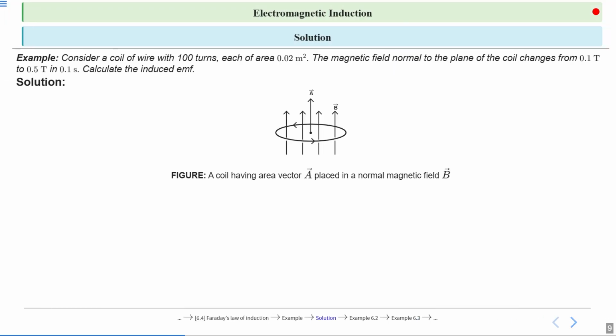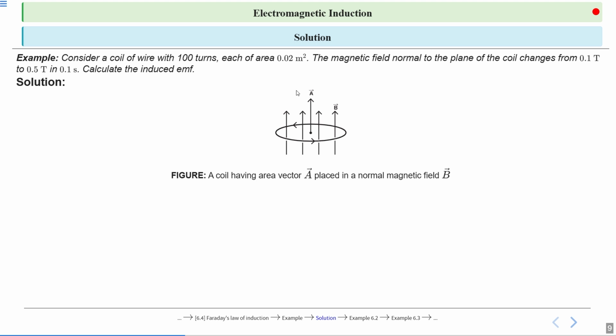Let's see. So this is a diagrammatic representation of what is given. There is a circular wire. There is a coil having 100 turns. You can see in the diagram there is only one turn. We cannot draw 100 turns, but this is the type of coil and let's suppose it consists of 100 turns. This is the area vector, normal to the plane of the coil and outwards.